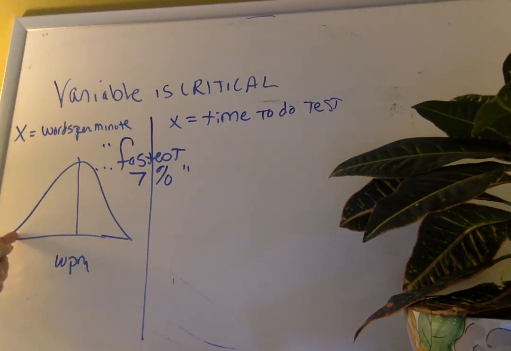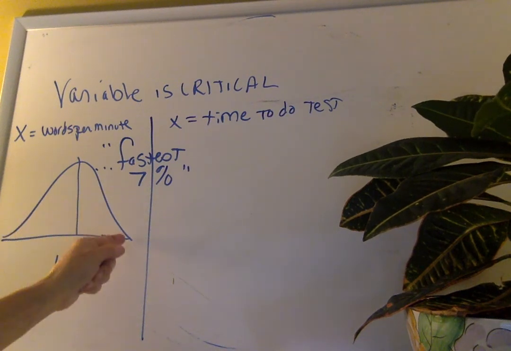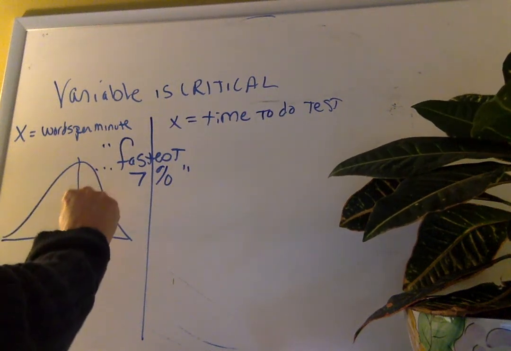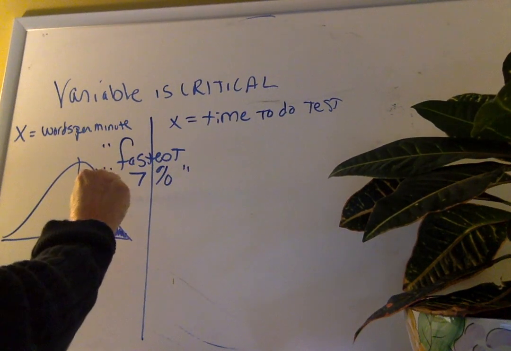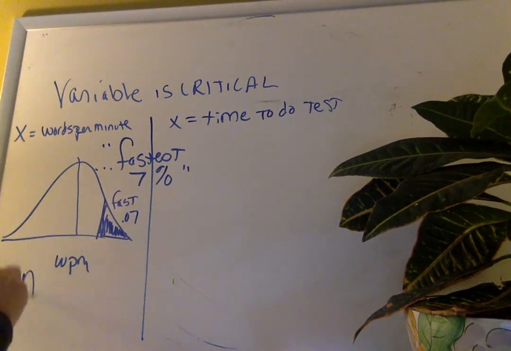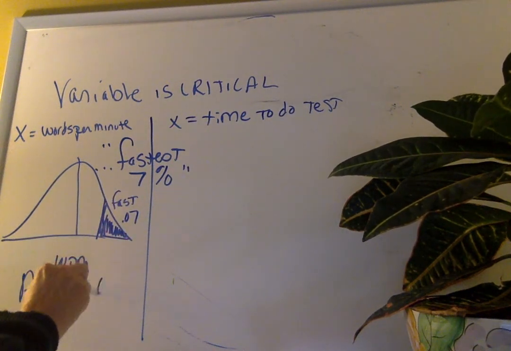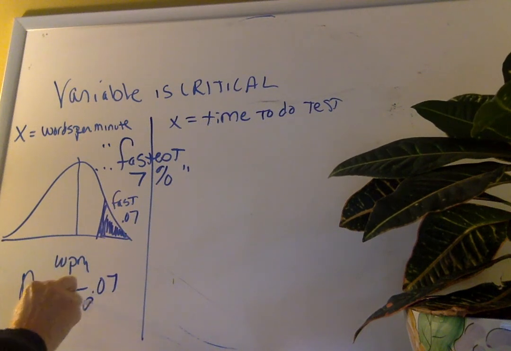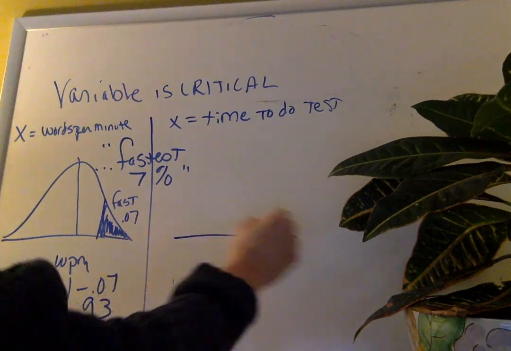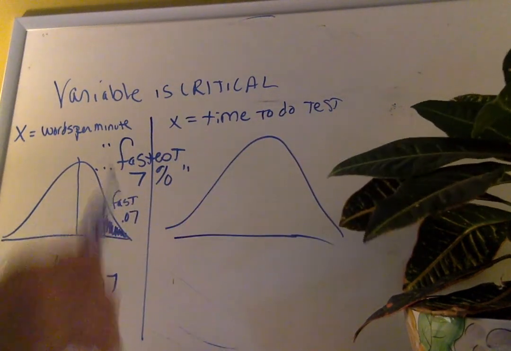Do you type 5 words per minute or 100 words per minute? 100 words per minute are the really fast, amazing people. Here are the fast people, 0.07. So on this example, you're going to have to actually start with an area of 0.93. But look at this one. Time to do the test.